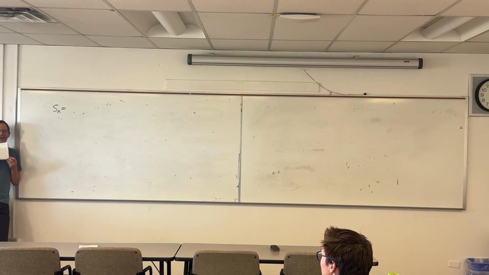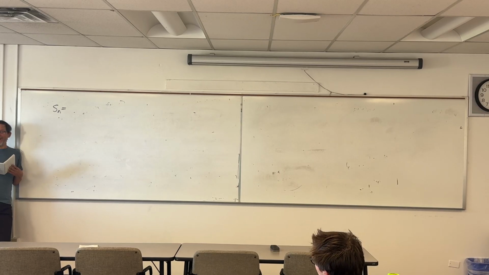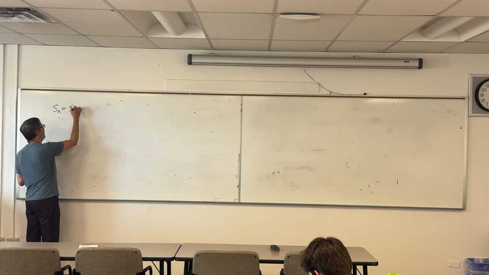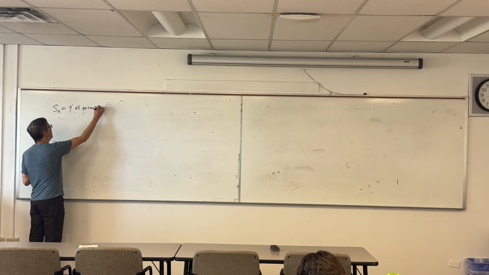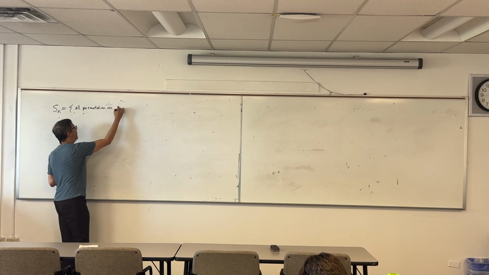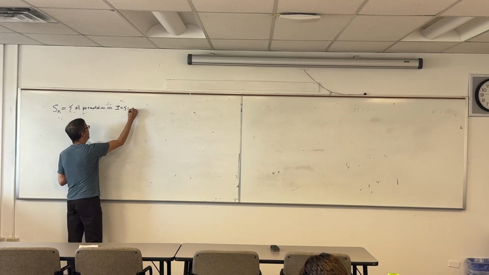The permutation group of n items, on the set 1 through n. So this is equal to the set of all permutations on the set X equals 1 through n.